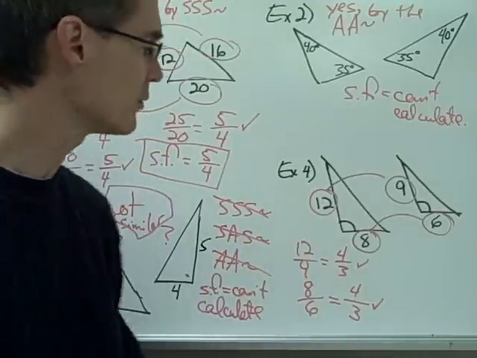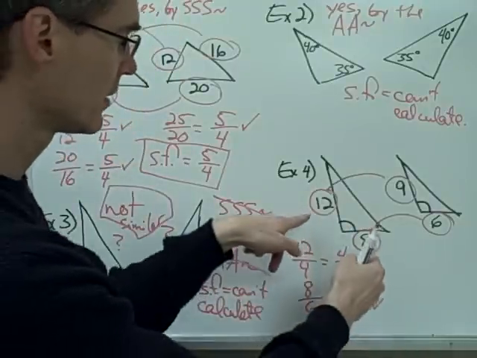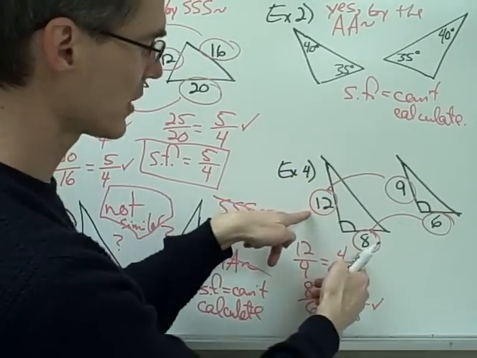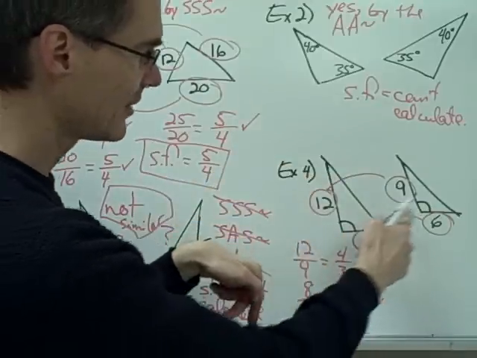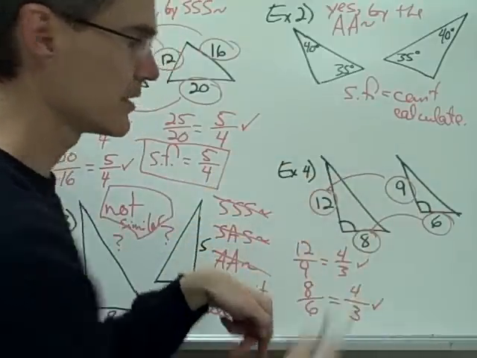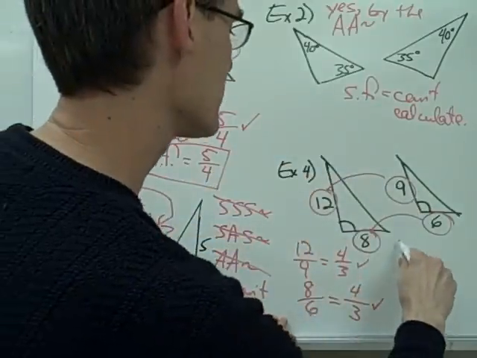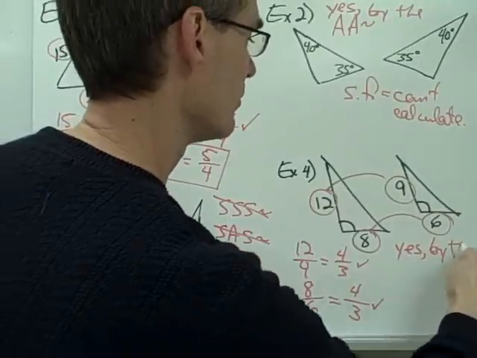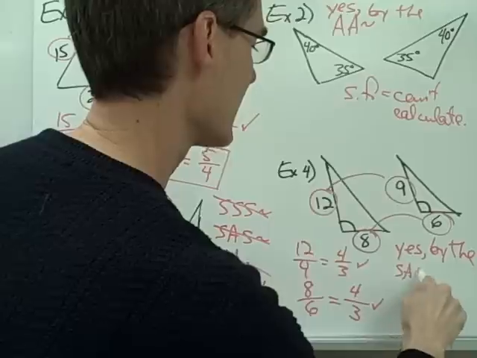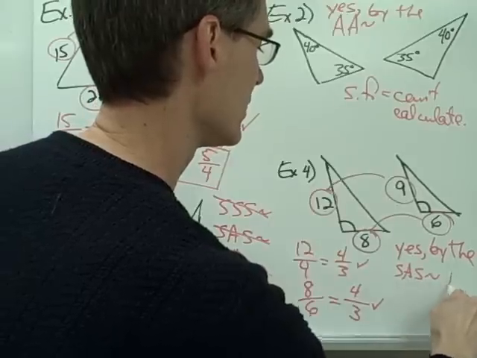Their ratios are equal. So I've got two pairs of corresponding sides that are proportional, and the included angle is congruent. Therefore, yes, these triangles are similar by the side-angle-side similarity theorem.